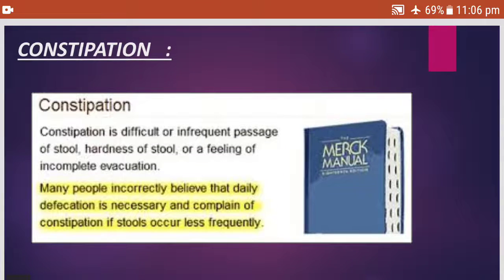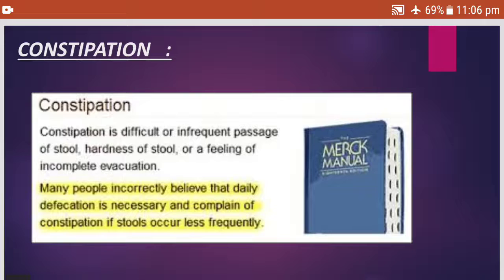Now coming to constipation. What is constipation, children? Any idea? Constipation is difficulty or infrequent passage of stool, hardness of stool, or a feeling of incomplete evacuation.